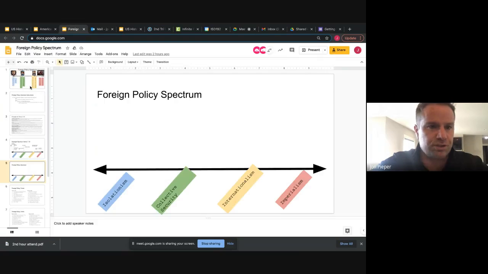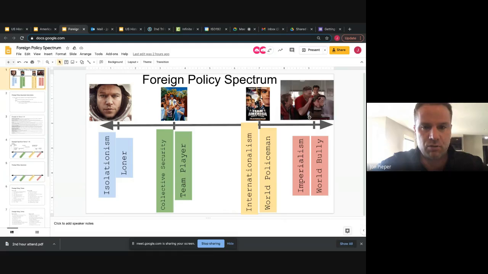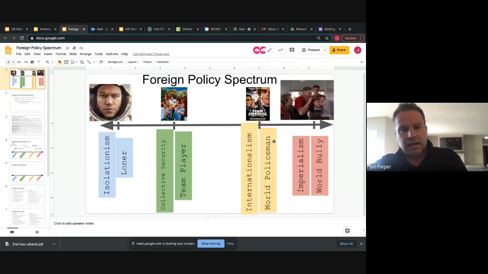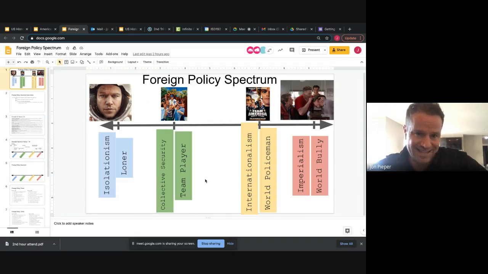And what I want you to understand is this part right here. For the most part in United States history, the United States has taken a certain role when it comes to how we relate to the world. Meaning, have we taken an isolationist stance where we don't want to deal with people?